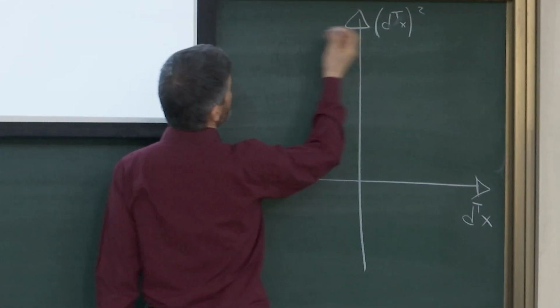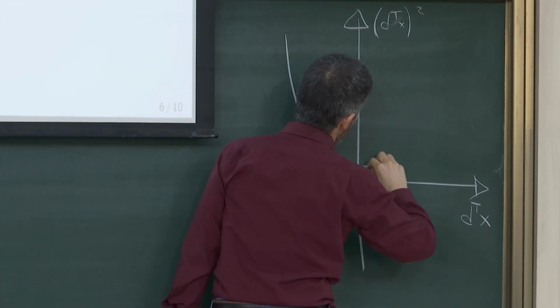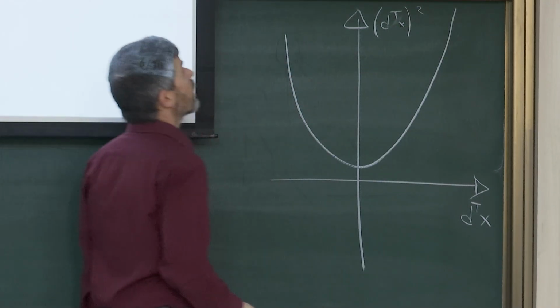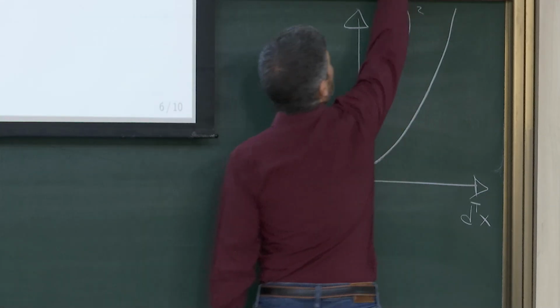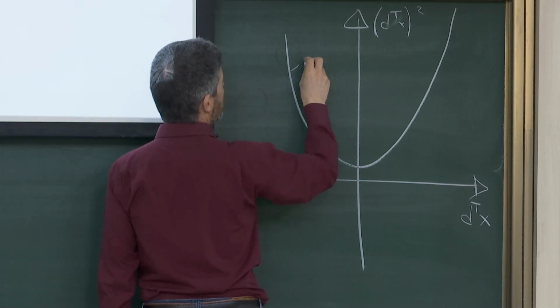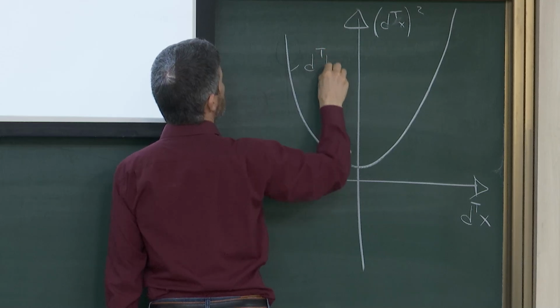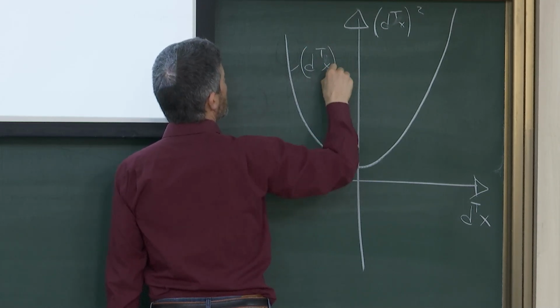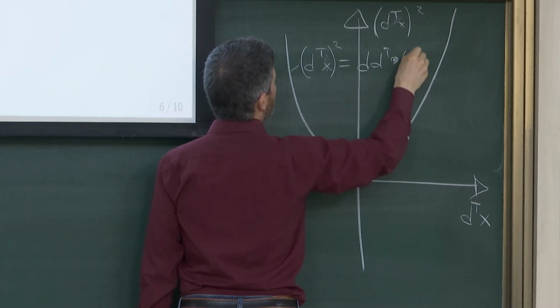Let's suppose it behaves like this, because it's a square greater or equal than a linear form. You have a quadratic curve that says d transpose x squared equals d transpose inner product y.